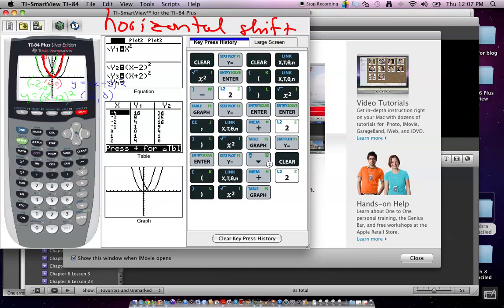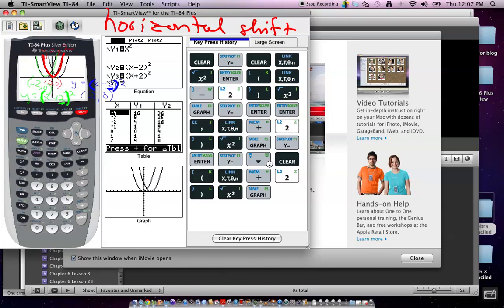Horizontal shift occurs whenever there are parentheses, and that number is inside the parentheses. So whenever I see a number inside of some kind of grouping symbol, be it absolute value or parentheses, it shifts the graph left and right. It's horizontal shift. All right, so that's the first thing that we wanted you to understand from today.